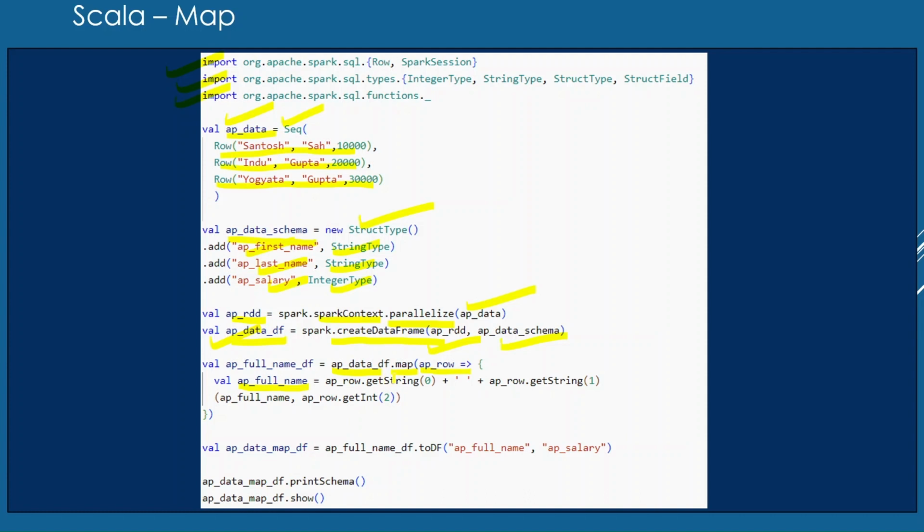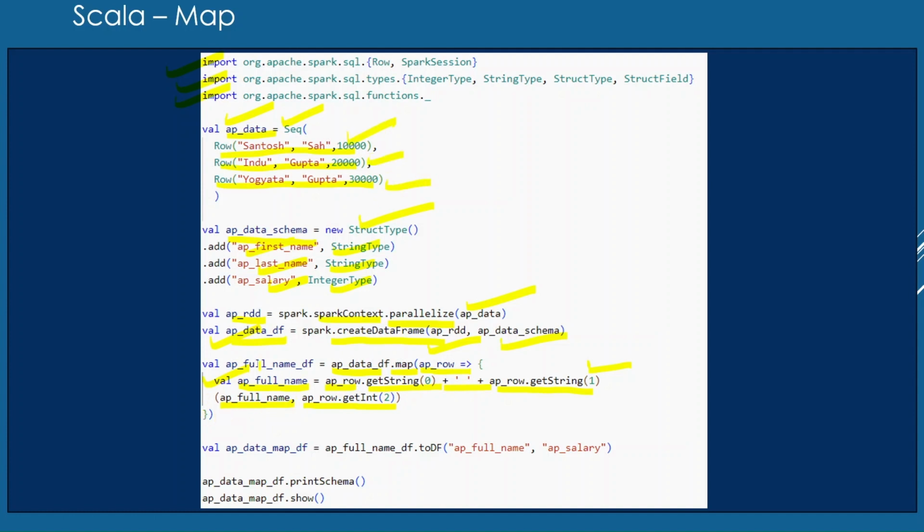From each row, AP row, I am getting the first element, then concatenating with the help of a plus sign, a space, and then the value of AP row with the help of getString, fetching the value which is present at the first position. I am returning this AP full name, which I have just created, and I am also returning the AP salary, which is an int type.